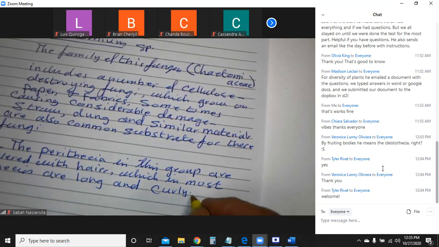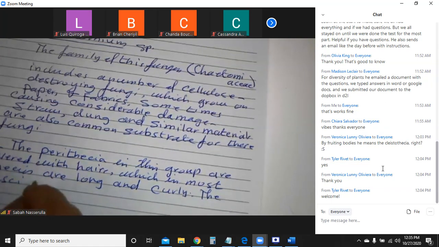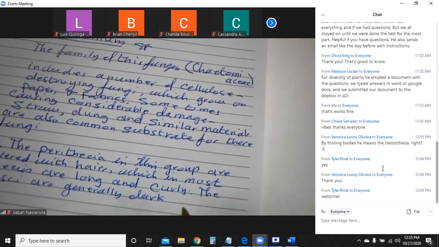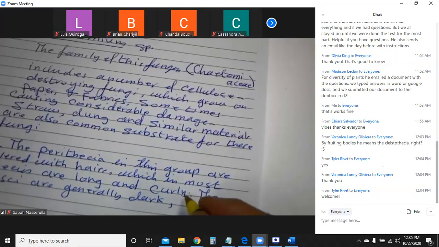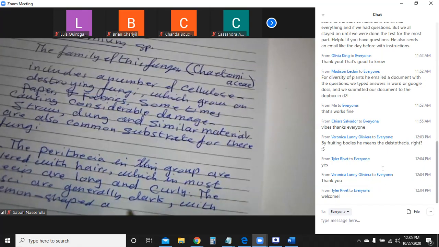The other thing to mention, the asci are usually dark in color, and usually the ascospores are lemon shaped. So the asci are dealing with lemon shaped ascospores.